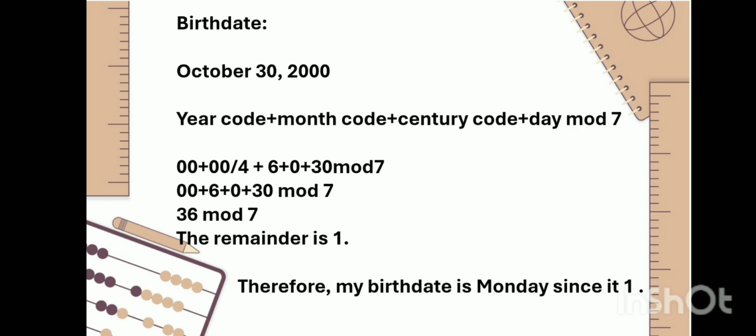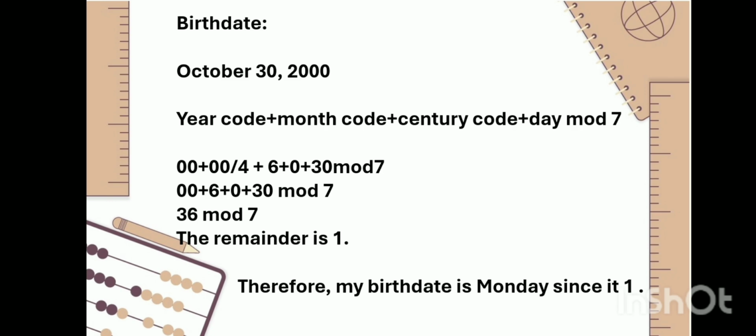In calculating the year code, we will use the formula: the last two digits of the year that I was born plus the last two digits of the year over 4. Since I was born in the year 2000, we will just input the last two digits plus the last two digits over 4, which is equal to 0.